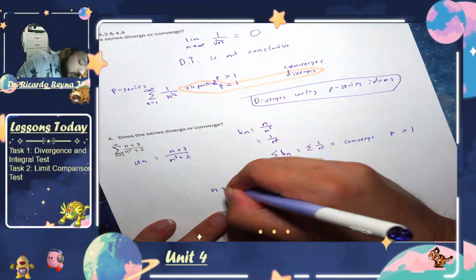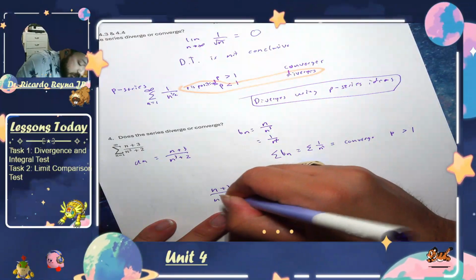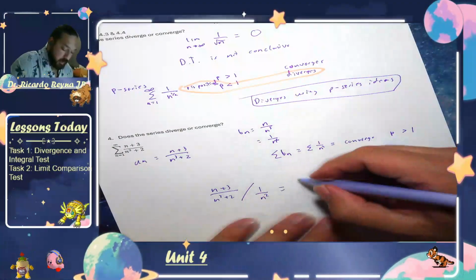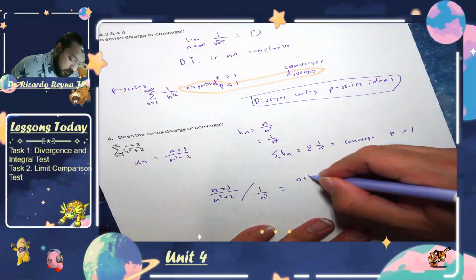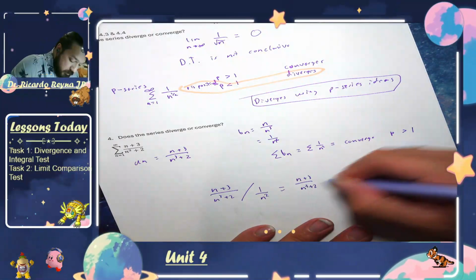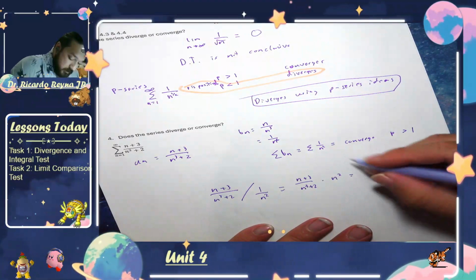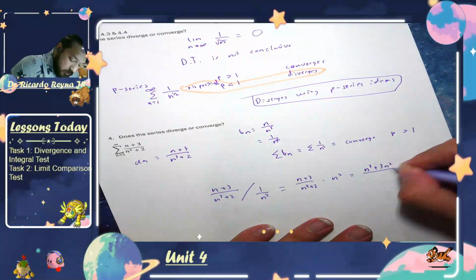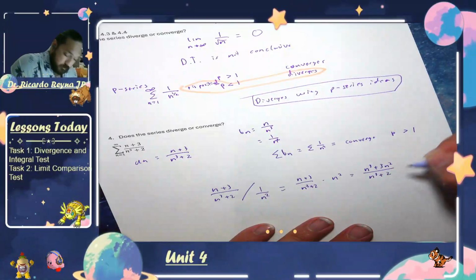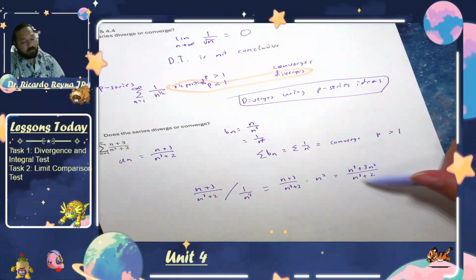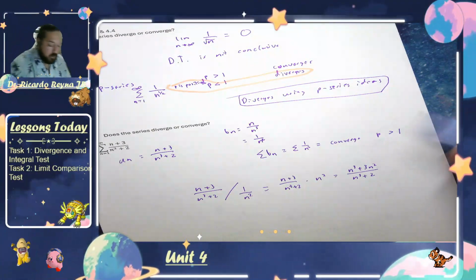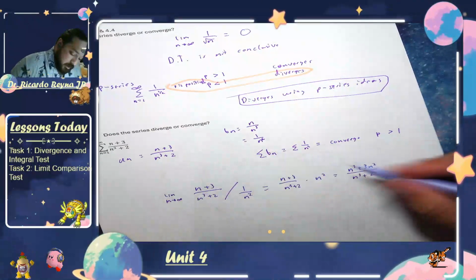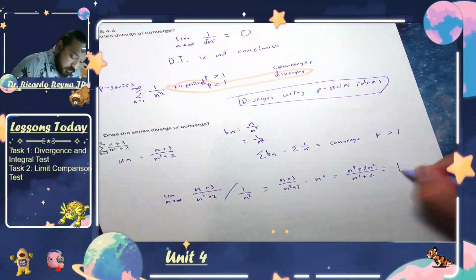We have n plus 3 over n cubed plus 2 divided by 1 over n squared, which we can write as n plus 3 over n cubed plus 2 times n squared, which is equal to n cubed plus 3n squared over n cubed plus 2. In that case, we can see that the limit as n goes towards infinity is a balanced expression, so it's just 1.